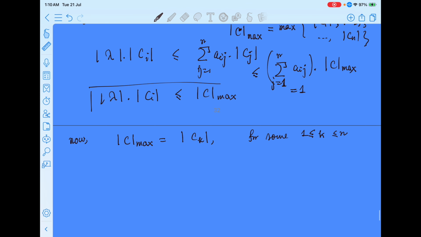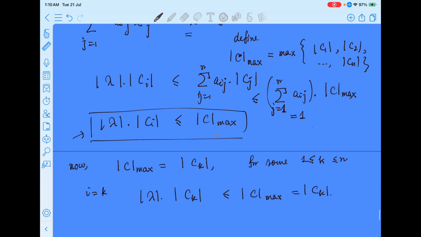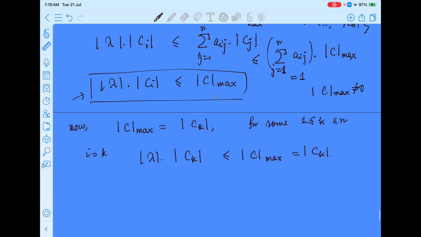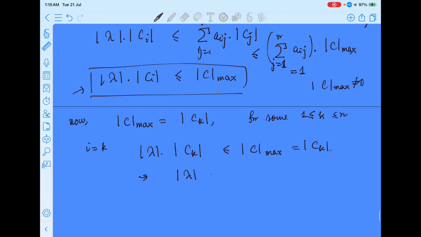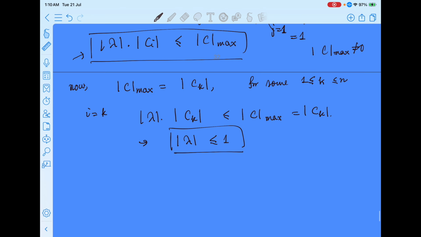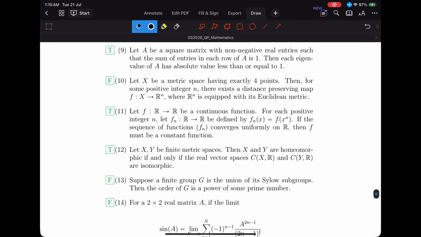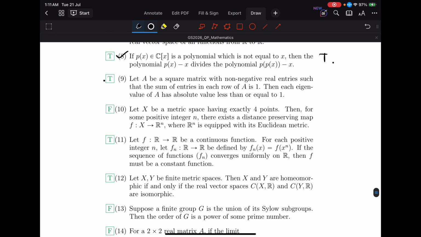So this is the general theorem, but if you put i equal to k in this, you will get mod lambda times mod ck is less than or equal to mod ck, which is equal to mod c max. And as this is the maximum, this c max has to be non-zero, right? Then you have mod lambda is less than or equal to 1. So the absolute value has to be less than or equal to 1. So yeah, this is true.